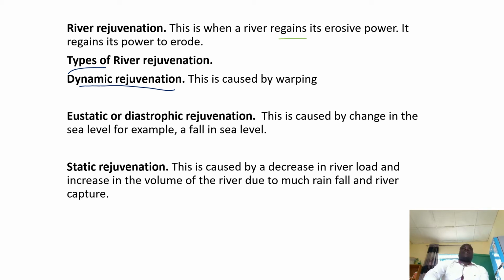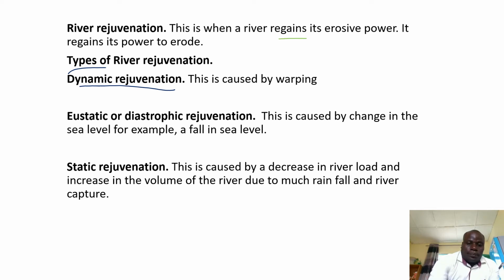If the river was formerly flowing on a flat surface and later that flat surface is affected by downwarping, the river will be forced to join a downwarped region, and as it joins a downwarped region, it flows on a steep gradient and regains its power to erode because the gradient has changed.